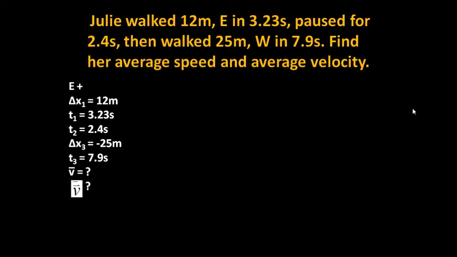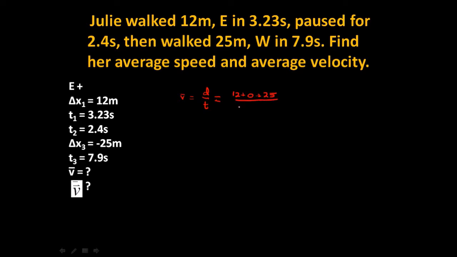Let's start with average speed. If we want to find her average speed, we need to find the total distance divided by the total time. Well, her total distance, remember distance is a scalar, not a vector, is 12 meters plus 0 meters plus 25 meters, not negative 25. The minus sign has to do with direction. She moved 25 meters.